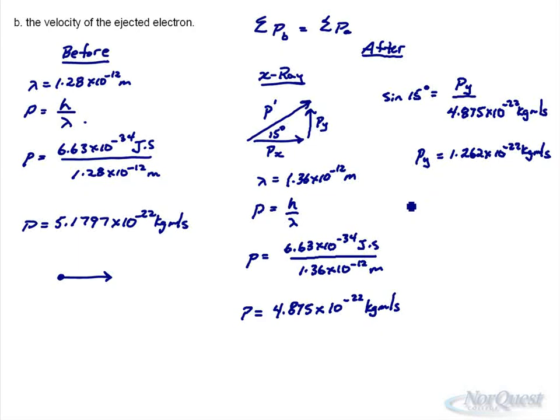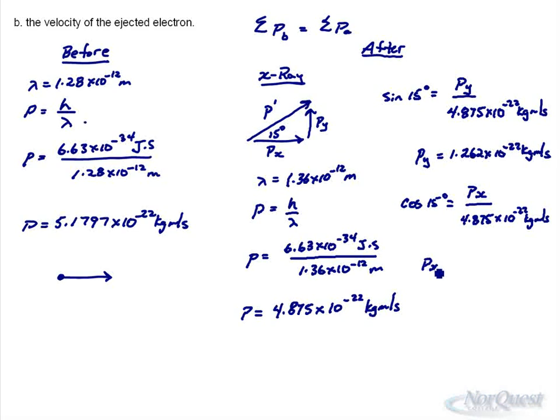Cos 15 degrees is going to equal px over our resultant again, 4.875 times 10 to the negative 22 kilogram meters per second.